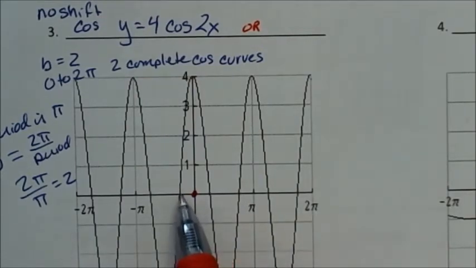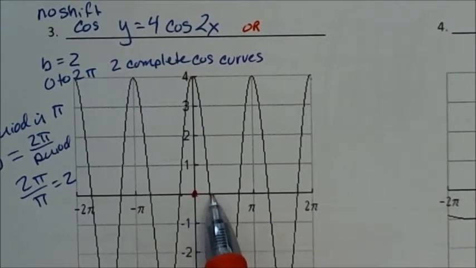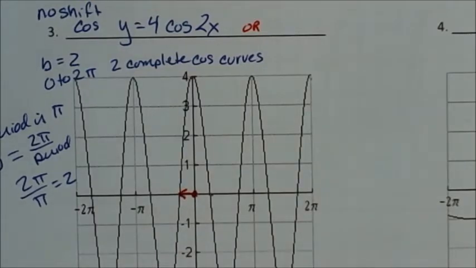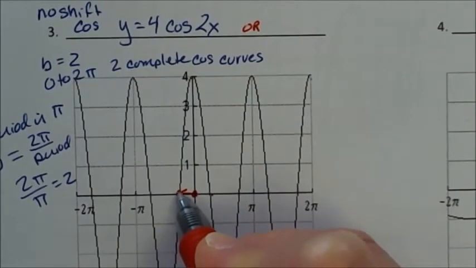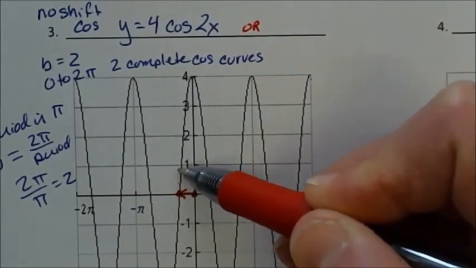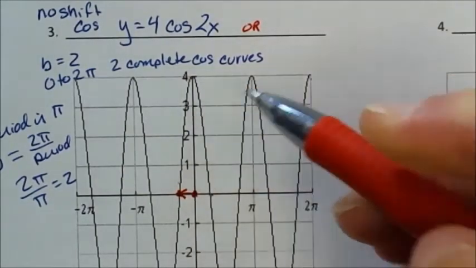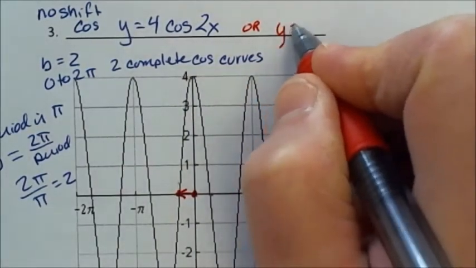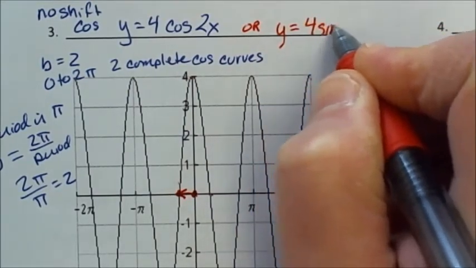I could go to the left or I could go to the right. If I go to the right, I'm sorry, I said right, but I'm pointing left. All right, if I'm going to the left and I follow this, okay, we go up to 4. So my a value is still 4. So we have y equals 4 sine.